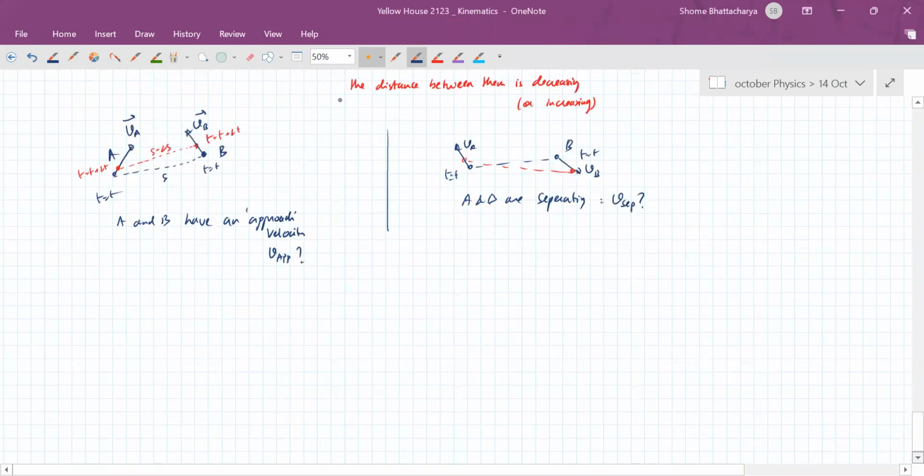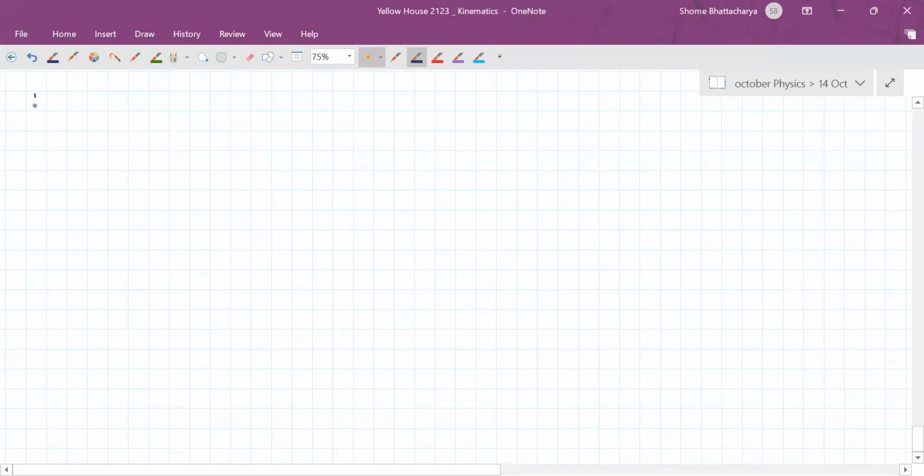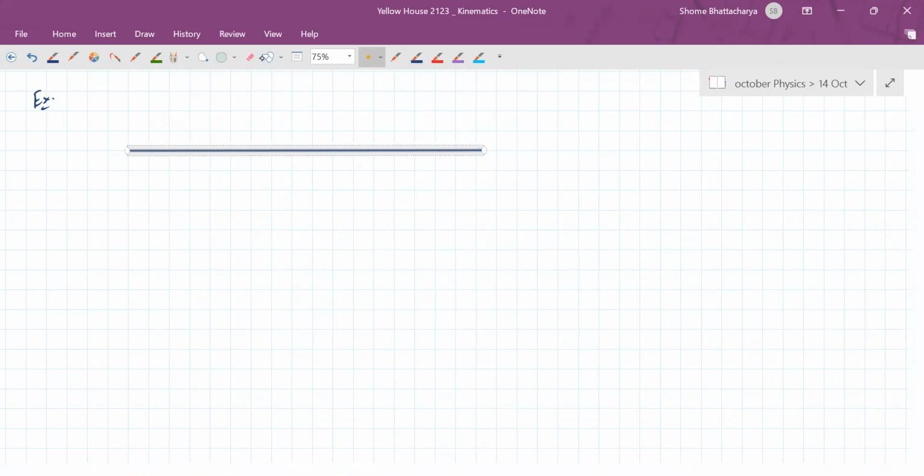Okay, so now let's understand this relative approach and separation velocity with some examples. We'll start with a very simple case where you have A and B as two objects moving along a straight line, and their line of motion is directly the line joining them.